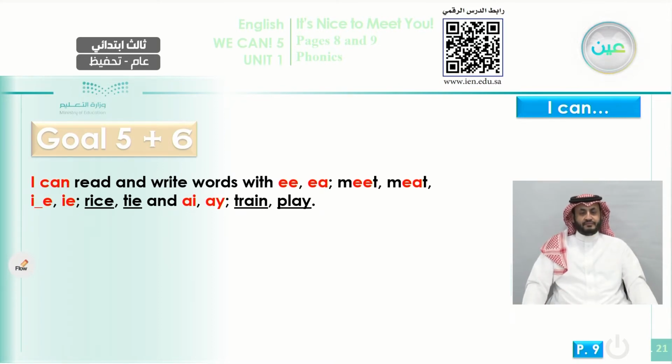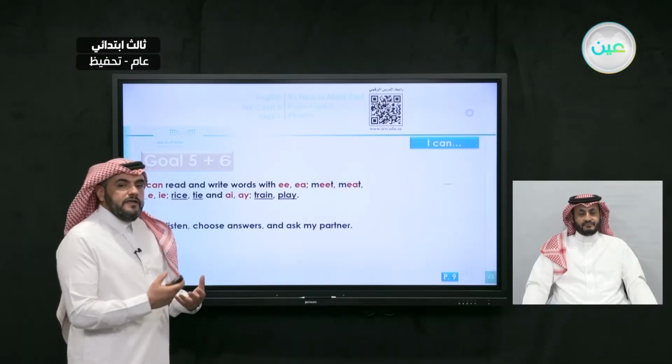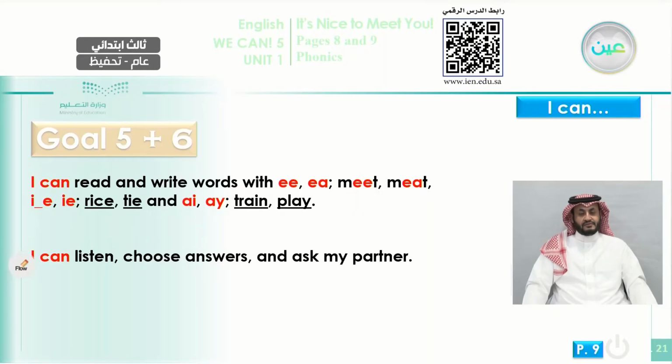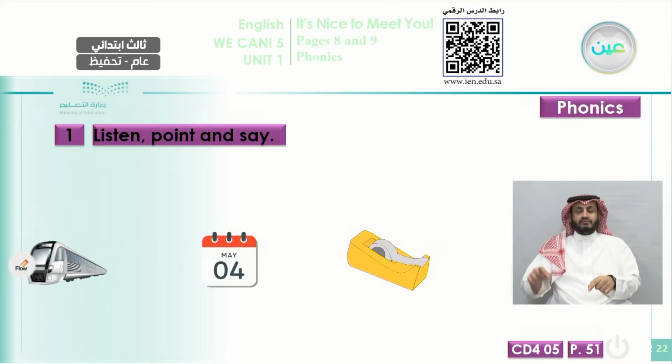If you can write these and pronounce them correctly, that means you are successful in achieving the goal. Did you listen? Choose the answer and ask your partner. Also, you can do that.